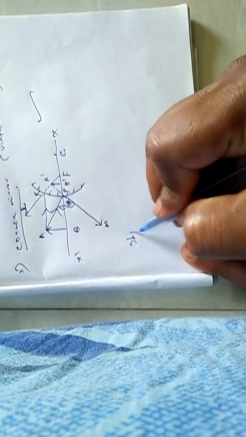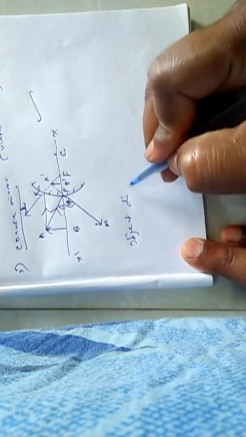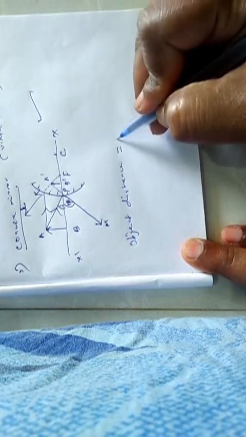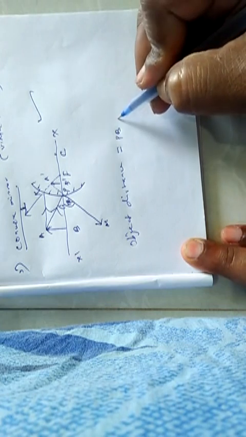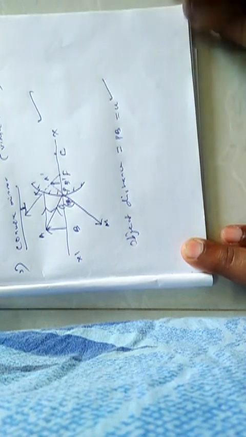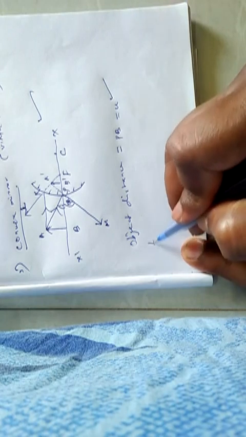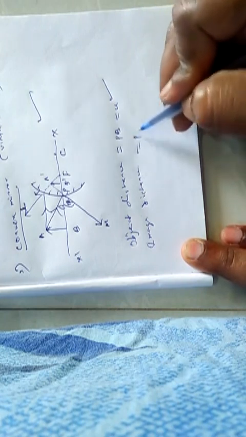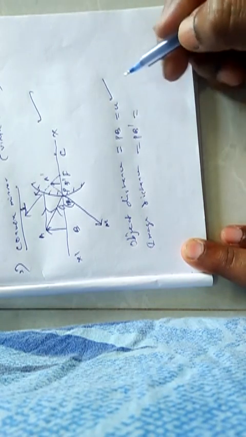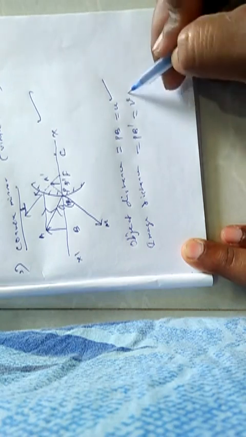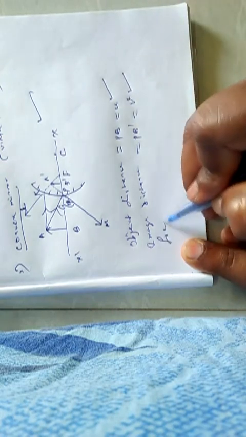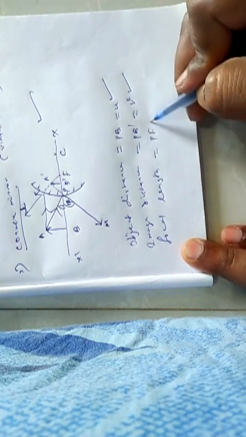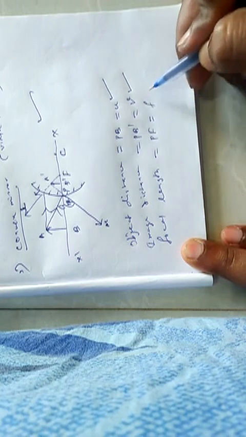Object distance is equal to PB and it is taken as U. In optics it is taken as U. Image distance, distance of image from pole means PB dash, is equal to V, and focal length PF is equal to small f.